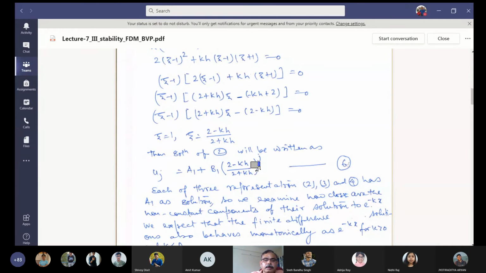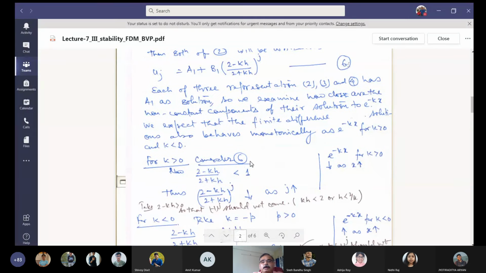Okay, so this is what we have to see. For this case, when we have this central difference approximation, if you see that e to power minus kx for k greater than 0, this goes to 0 as x approaches infinity. Is that right? The exact solution part. Yes, sir.